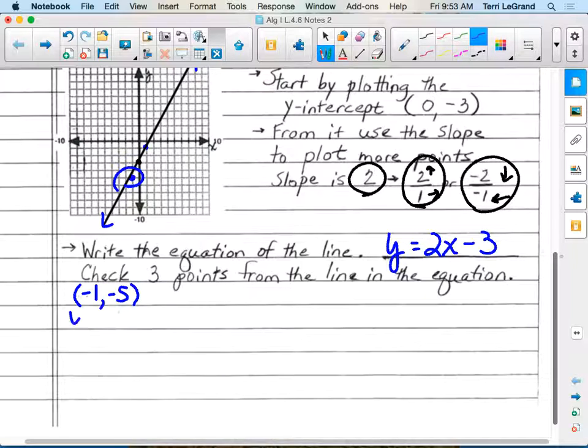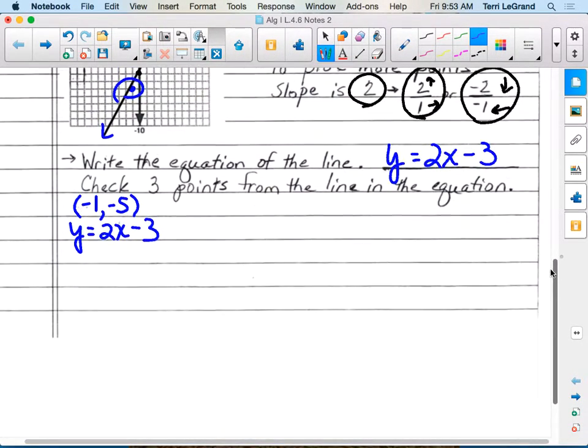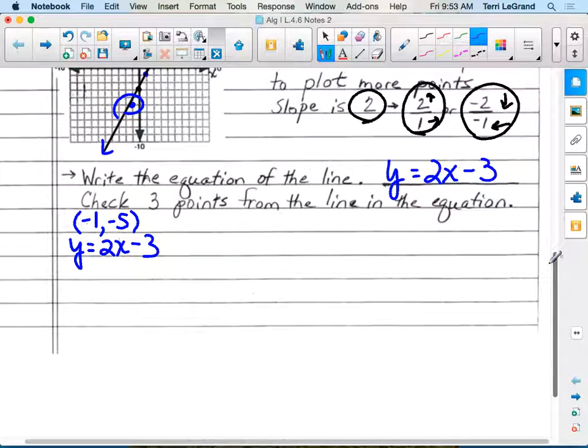So we'll take our y equals 2x minus 3. What will we sub in for the y from that point? Yeah, negative 5. So we'll put negative 5 in for y. We're just checking it out. We're not doing any solving here.